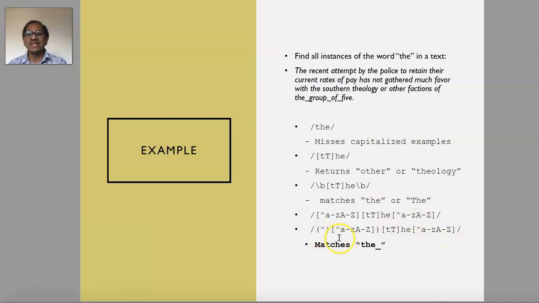Okay, this will give you the exact match of the. You'll get only 2 instances of the here, not the ones which are not required, right? So you have to be very careful when you are writing your regular expression, how to avoid the errors. That's what you are learning here.